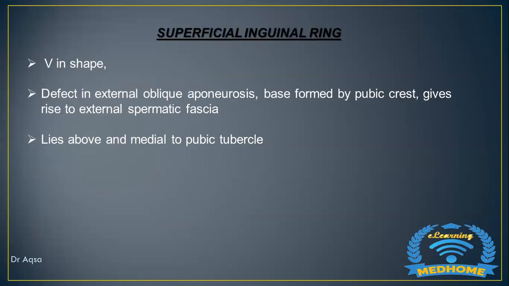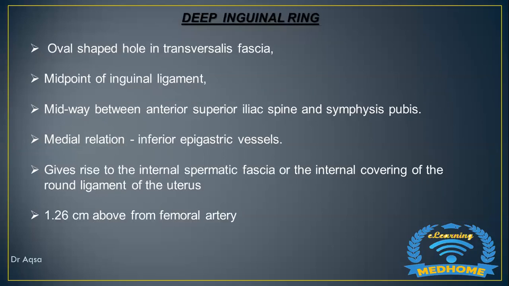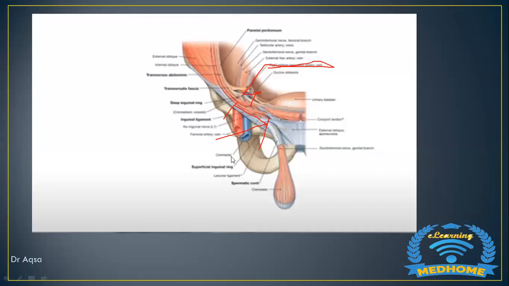And the superficial inguinal ring lies above and medial to the pubic tubercle. While the deep inguinal ring lies above the femoral artery.